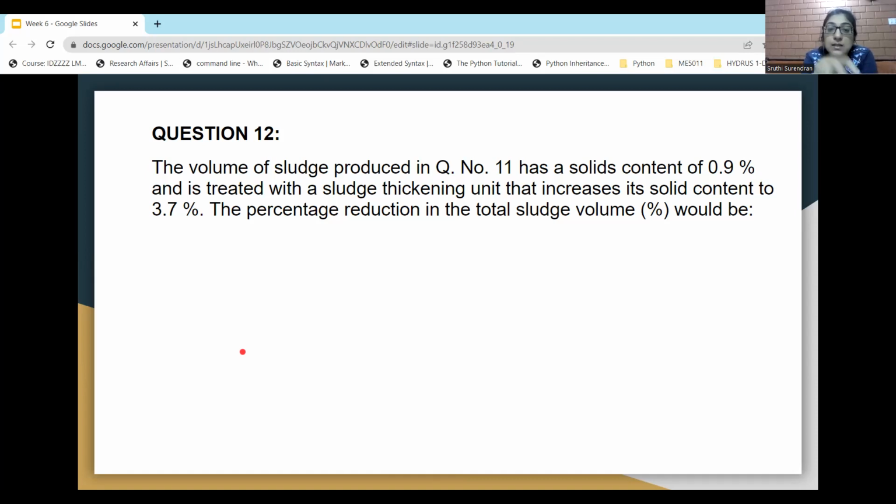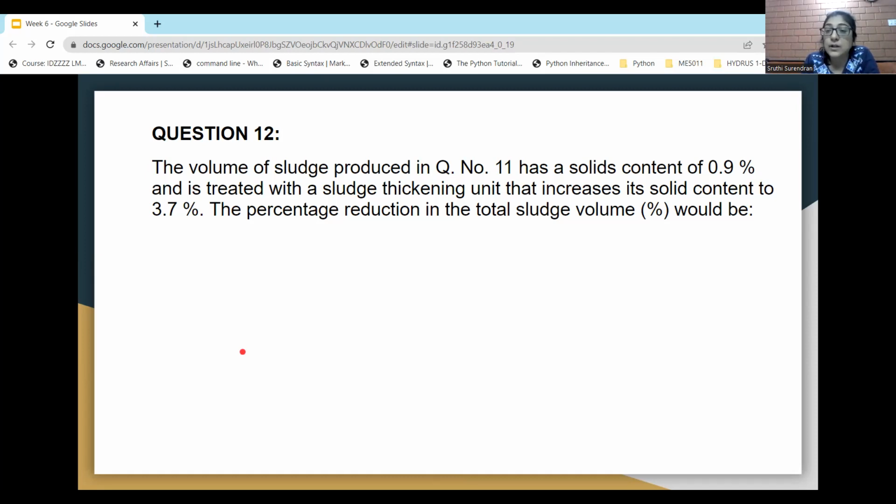What is the percentage reduction in the total sludge volume? Again, this is a very simple numerical. We've been given the volume of the sludge, which is nothing but 115.315. You can take note of it. 115.315 meter cube per day is the volume of the sludge produced in question number 11.